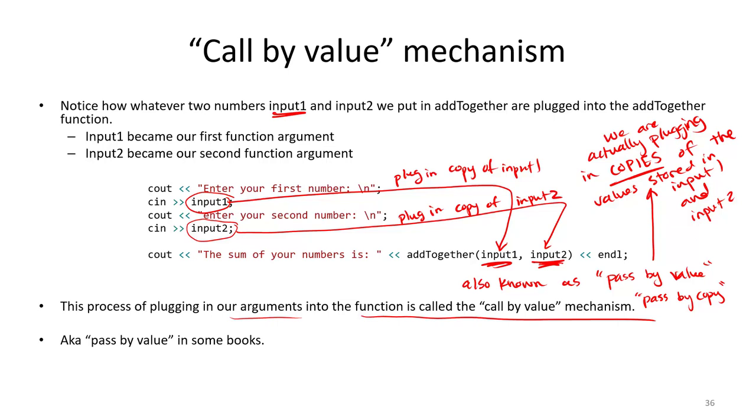So the value we put inside our add together function is not the original input. The original values of input 1 and input 2 are unchanged. So what that means is that even if our function changed the values inside the add together function, back in main, input 1 and input 2 are not changed.